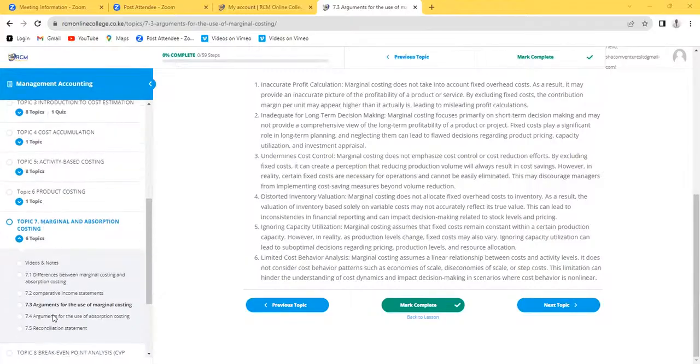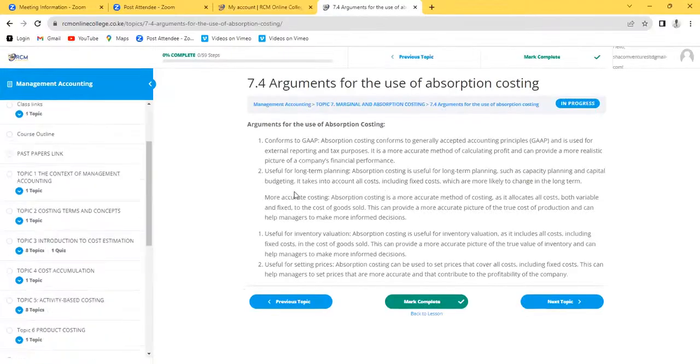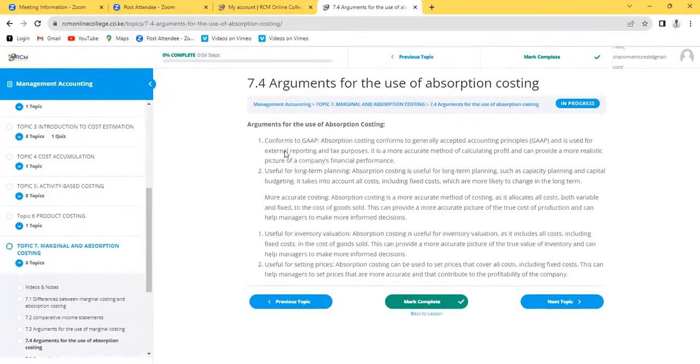Then we have arguments for the use of absorption costing. One, it conforms to generally accepted accounting principles. Two, useful for long-term planning. Three, useful for inventory valuation, and useful for setting prices.